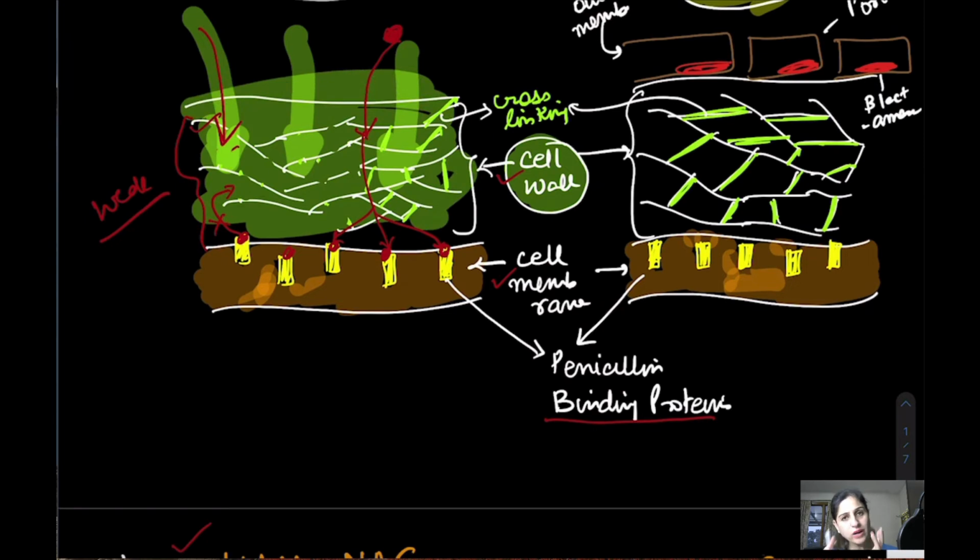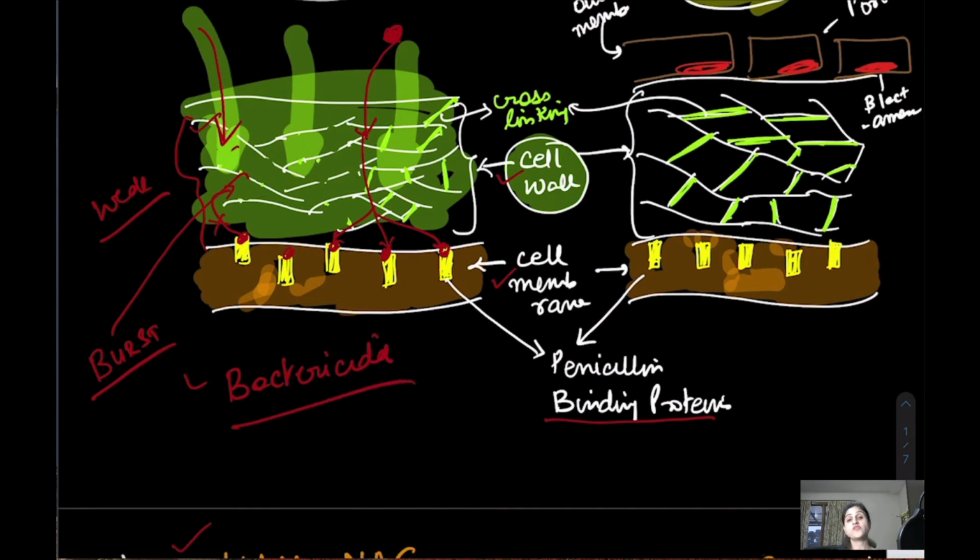And when it swells, ultimately it will burst, and obviously it is dead. So it is bactericidal. It will kill the bacteria because it damages the cell wall. Cell wall is very important for its survival. If there's no cell wall, it bursts, and then the bacteria is going to get killed.